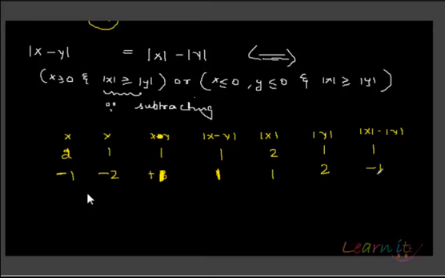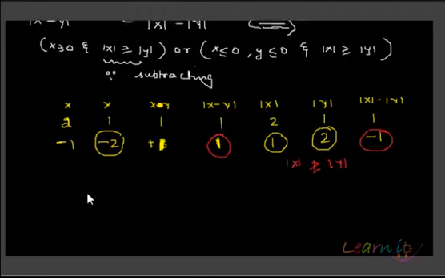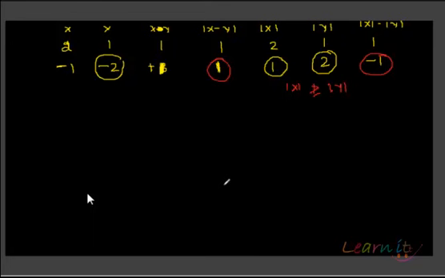So mod x minus mod y, just see the scenario, is actually -1. And that is because y has been taken as -2 and mod x is not greater than or equal to mod y. So that is why you are getting a different value and the identity doesn't hold here. Okay, so that is why mod of x minus y is not equal to mod x minus mod y.